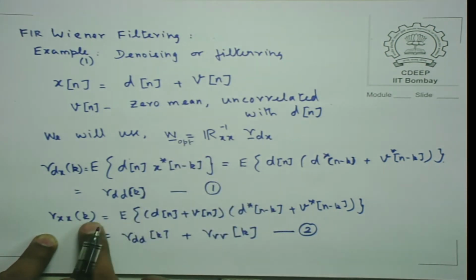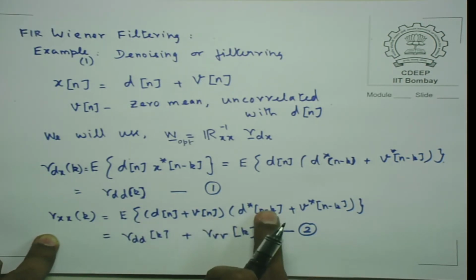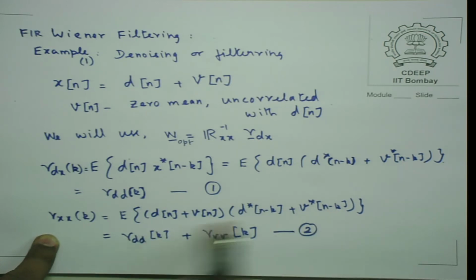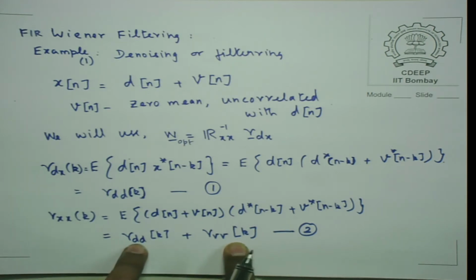So again, substituting for x of n as d of n plus v of n and x of n minus k as d of n minus k plus v of n minus k, assuming uncorrelatedness between the d and v, we could see that it's essentially RDD of k, which is the autocorrelation of the desired signal, plus the noise autocorrelation. So this result here, which essentially says autocorrelation of the signal is the sum of these two autocorrelations, holds when these two signals are uncorrelated. Okay.